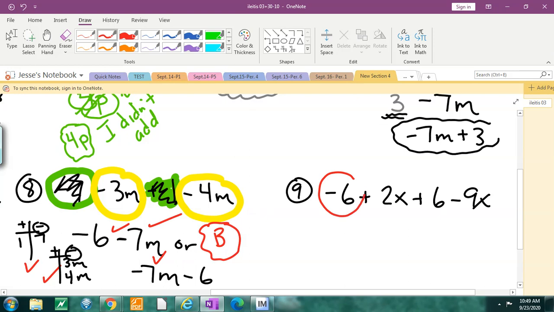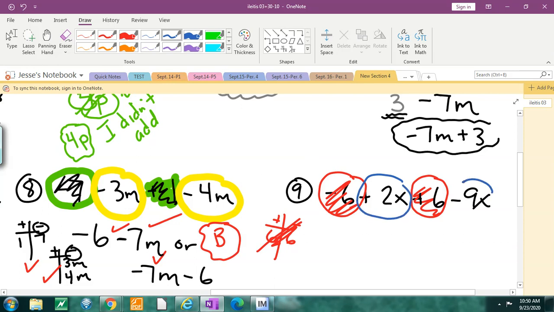Here we go. -6, no variable. 2x, that has a variable, plus 6, no variable. So let's do the T-chart right there. The -6, +6. Who wins? 0. So nobody wins, so don't put anything. Let's erase that. Now we got the +2x with the -9x.